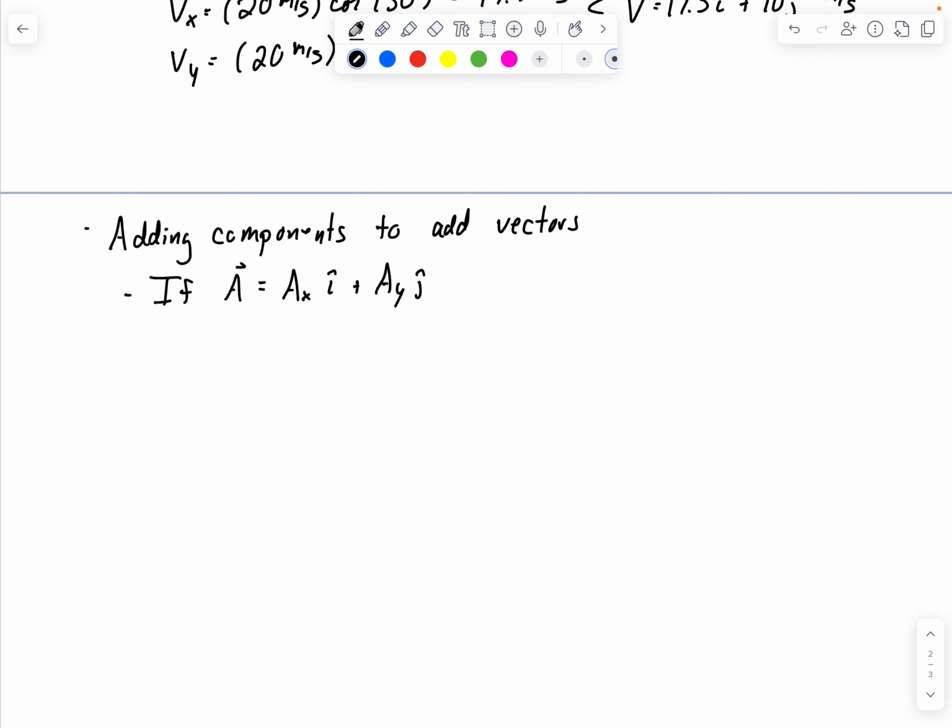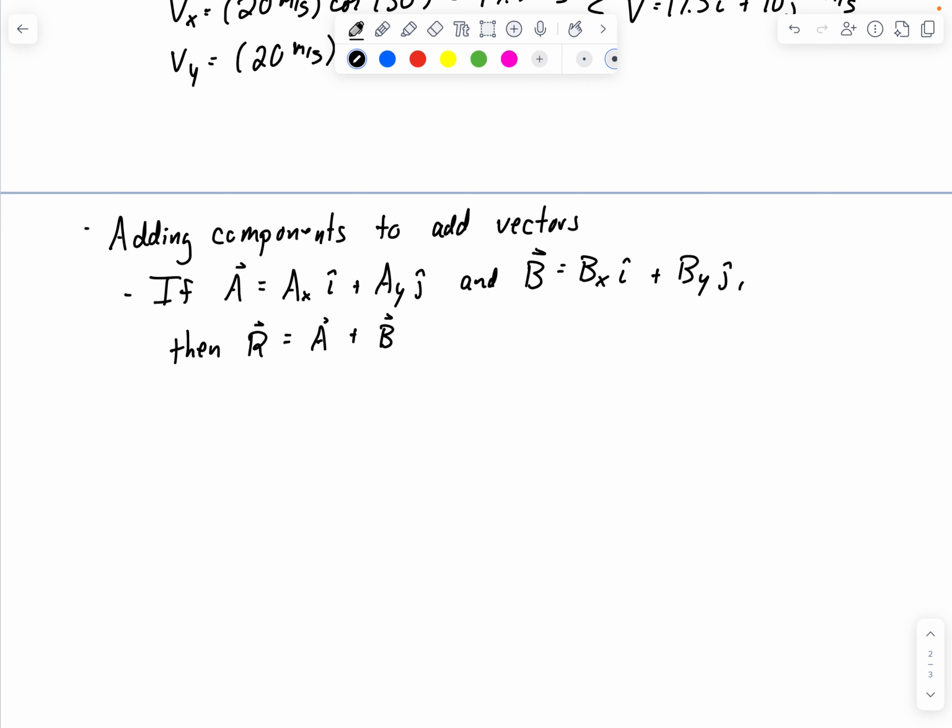If we have a similar vector, which we'll call B, which similarly has x and y components, Bx and By, and we want to add those two vectors together to make some resulting vector, then that vector would be R is equal to A plus B.